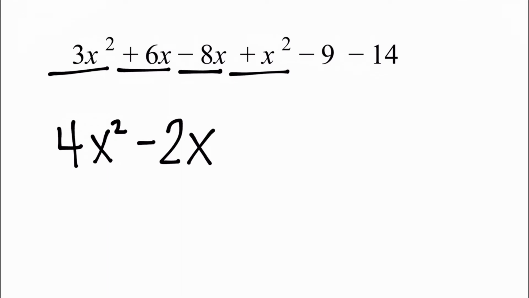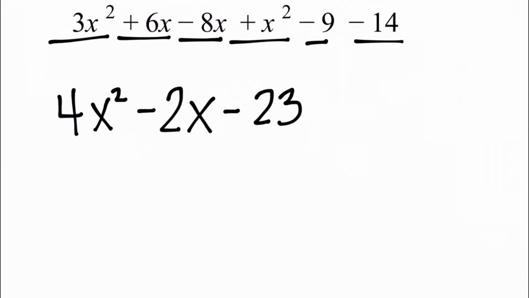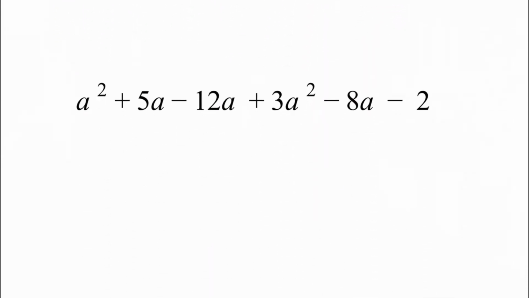I hope you reviewed positive and negative numbers. If this confused you here, 6 minus 8 is negative 2, pause, go back, look at positive and negative numbers, and then come back, okay? And then here we have negative 9 and negative 14. Negative 9 minus 14 is negative 23.